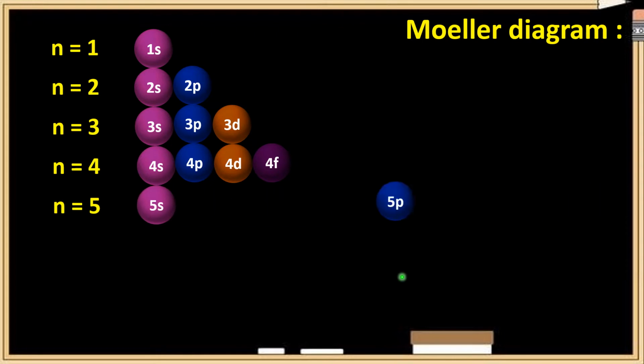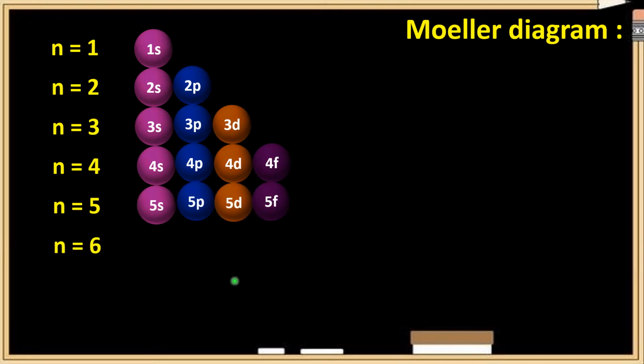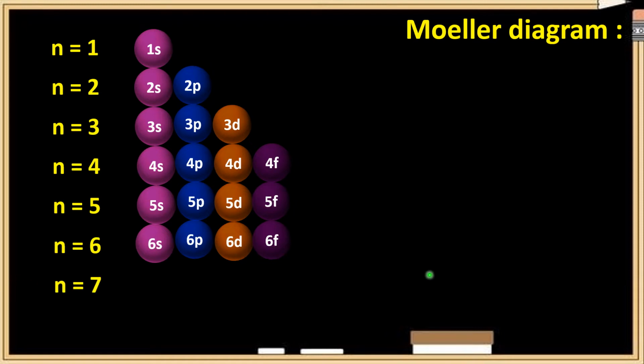N equal to 5, 5s, 5p, 5d, 5f. In the sixth orbit again we have 4 subshells, 6s, 6p, 6d, 6f. When n equal to 7, that is in the seventh orbit we have 4 subshells, namely 7s, 7p, 7d and 7f.